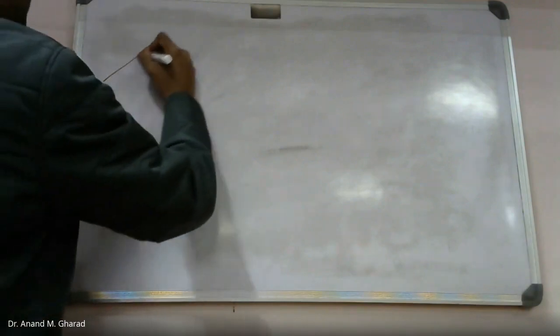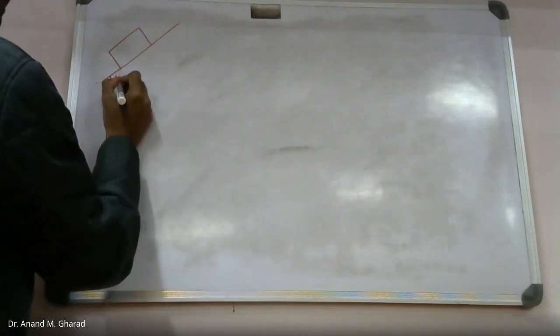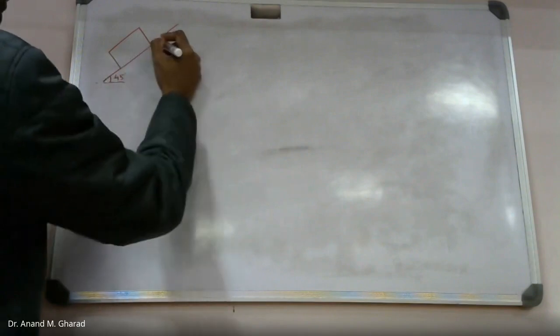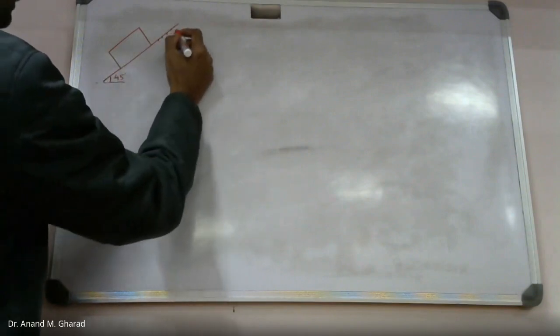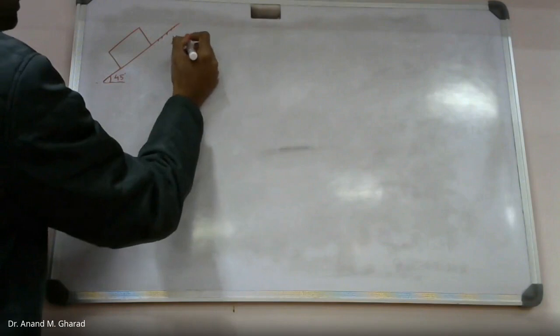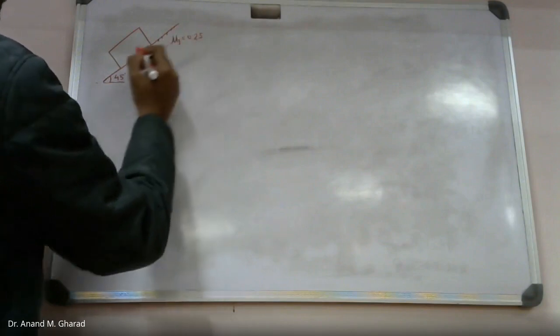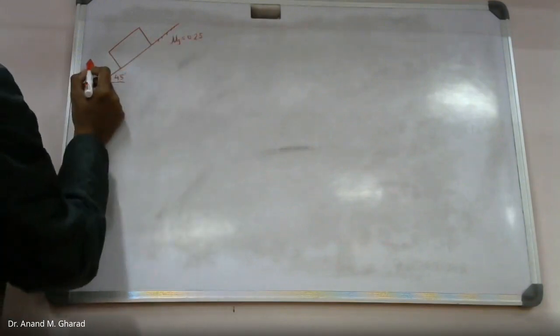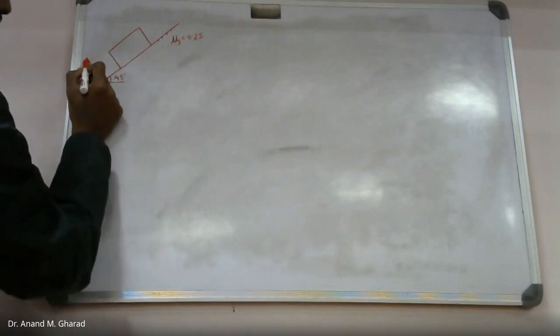So first case is, this is the rigid body, this is the inclined surface. It is not smooth since coefficient of friction is given. Mu s is given as 0.25. Okay? And this is the horizontal force.